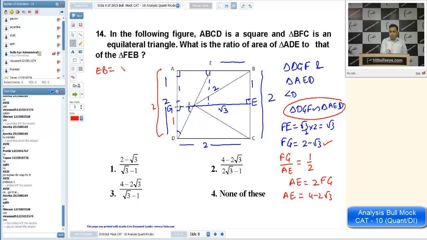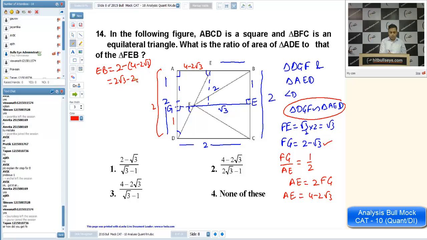Since AE is 4 minus 2 root 3, EB will be equal to the total length 2 minus 4 minus 2 root 3, which is equal to 2 root 3 minus 2.